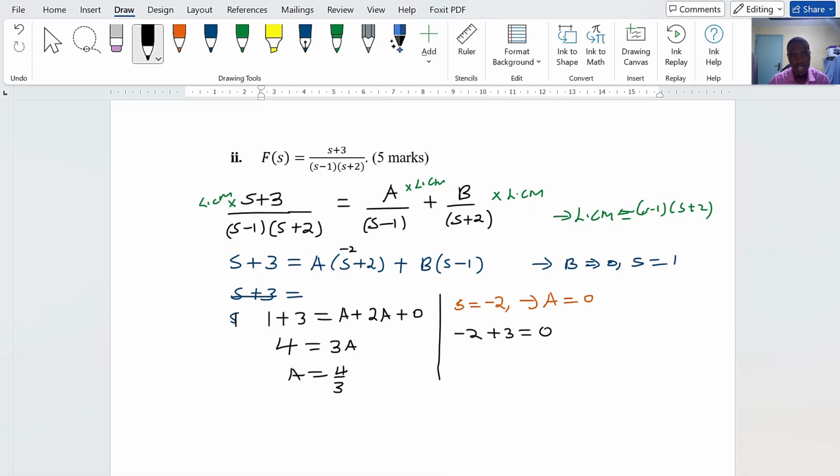So a will be 0. Then plus b, s is negative 2, that is negative 3, so negative 3b. Now this one is 1, that is positive 1 equals negative 3b. So it means b is equal to negative 1 over 3.